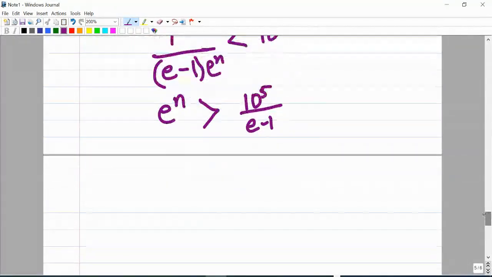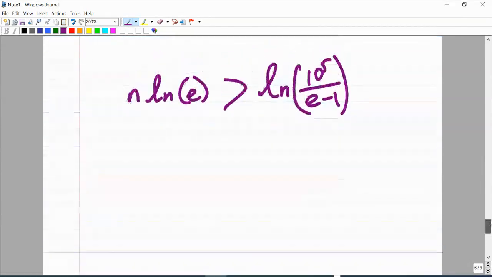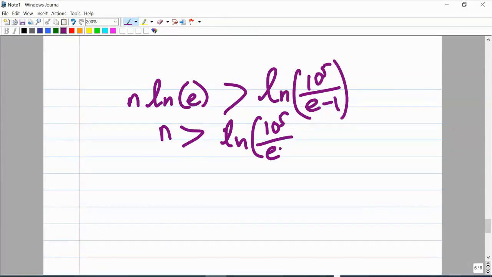Then you use the natural logarithm. So n times ln of e is greater than ln of 10 to the power 5 over e minus 1. So n then is greater than ln of 10 to the power 5 over e minus 1.